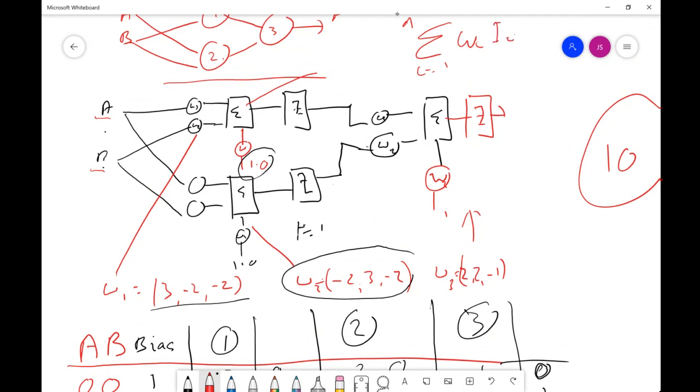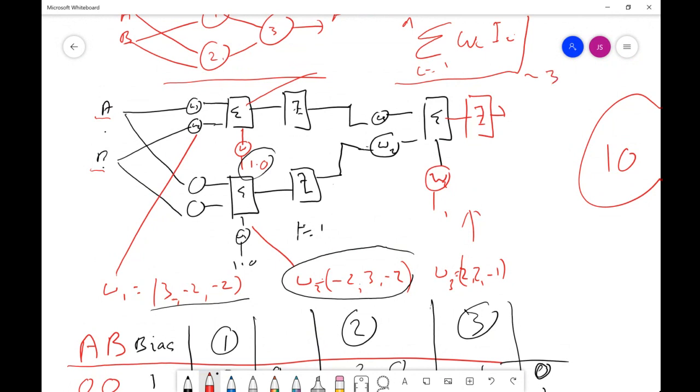So that's the general formula you will see in the notes. W1 is the value there, which is that value there. I1 is the input here, which will be A. So the first calculation you do is W1 times A, which is going to be 3.